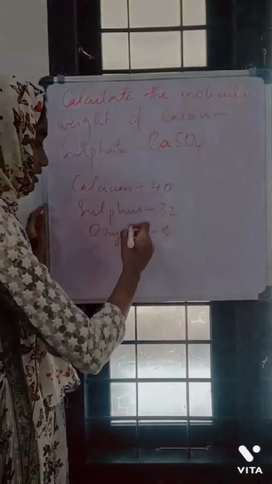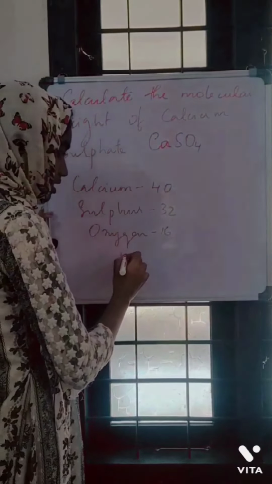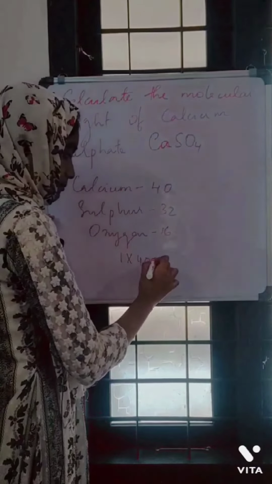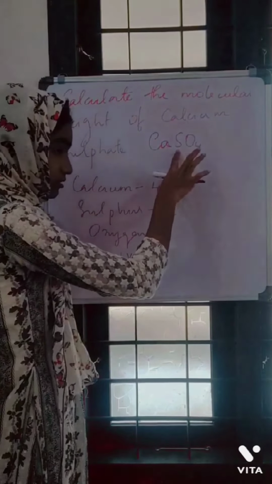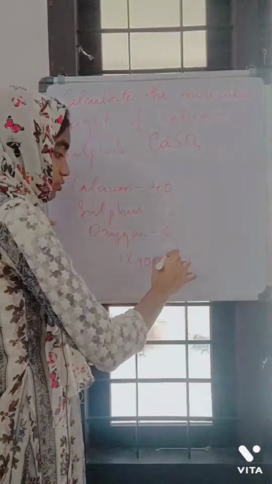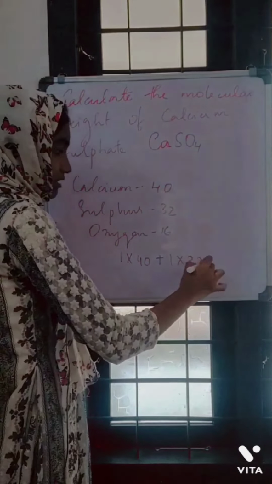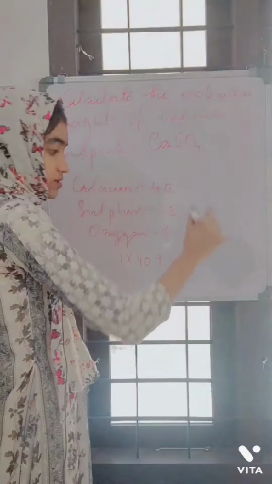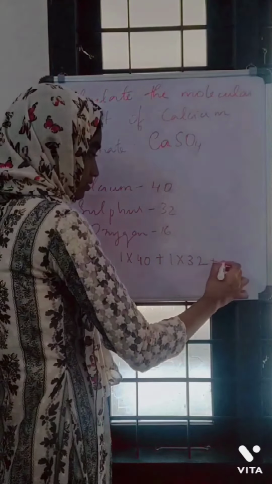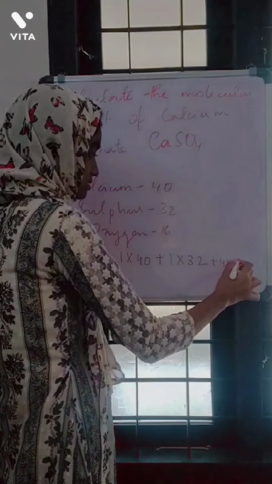Here we have one calcium atom, so 1 into 40, plus one sulfur atom, so 1 into 32, and 4 oxygen atoms, so 4 into 16.